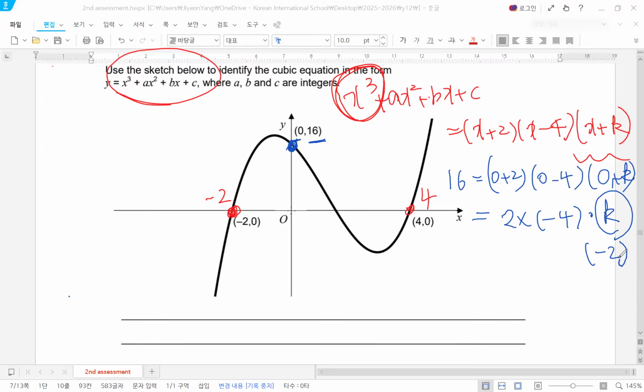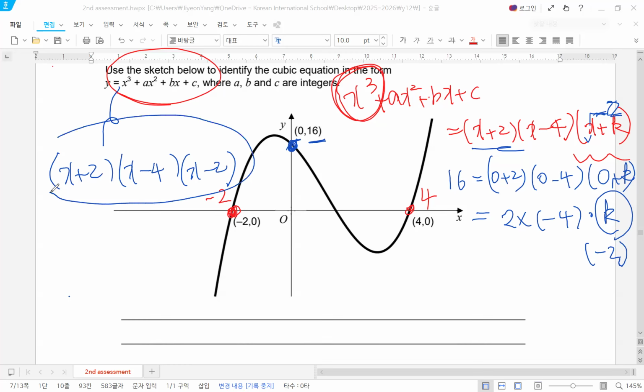Do you understand? So this one can be factorized as x plus 2, x minus 4, and then x minus 2, because k is minus 2. Then by expanding these brackets, you can find the values of a, b, c. Do you understand?